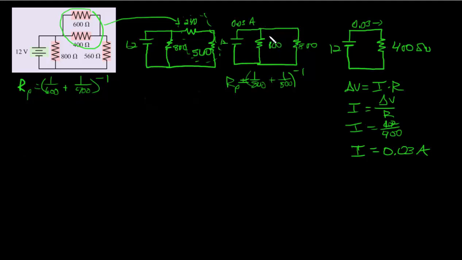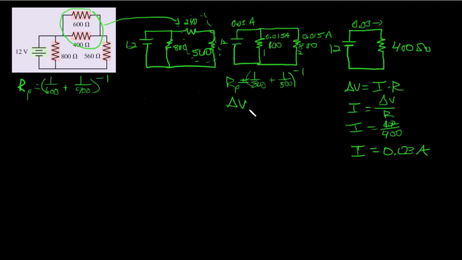And so we'll get a current of 0.015 amps across both of these resistors. So let's call this 1 and 2. Well, actually, the potential difference across parallel elements is equal, so we're going to calculate it though.